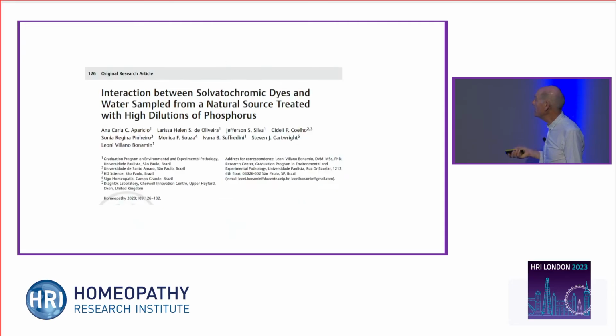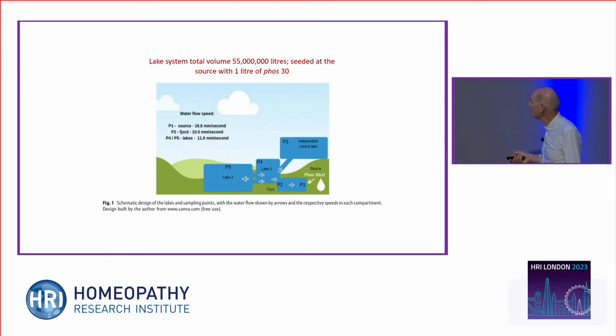And then the next paper, again with Professor Bonomin, is looking at how solvatochromic dyes pass through large bodies of water. In this case, it's a lake system of 55 million litres, which was seeded at the source with 1 litre of phosphorus 30.